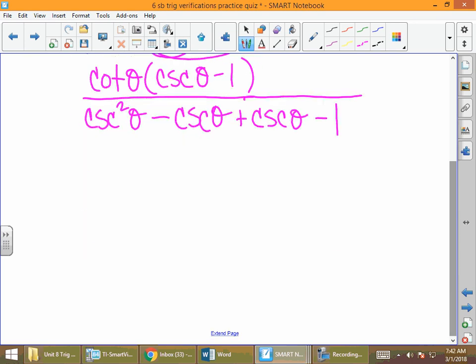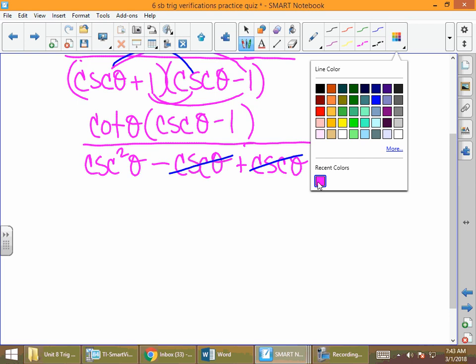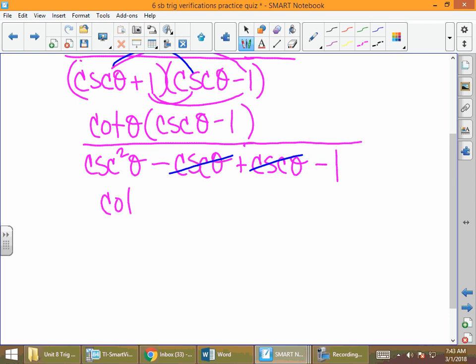Now, if you've really been doing your practice, we have done this enough times to know that we've got a negative cosecant theta and a positive cosecant theta in that problem. They're going to cancel out. So that helps maybe a little bit. We still have cotangent of theta times cosecant of theta minus 1.